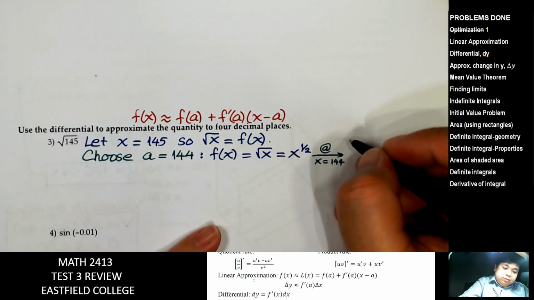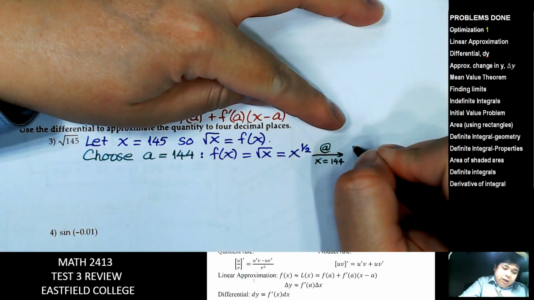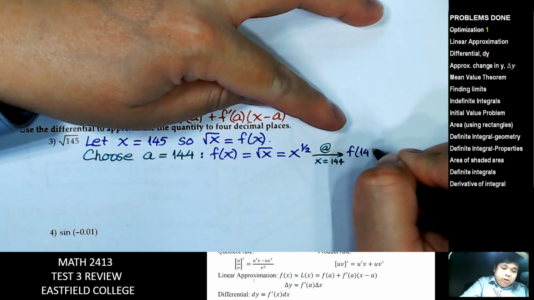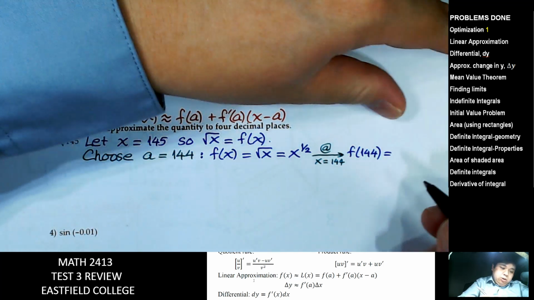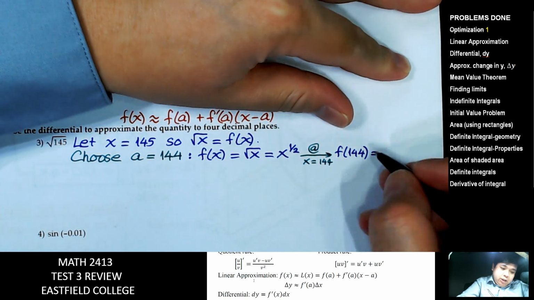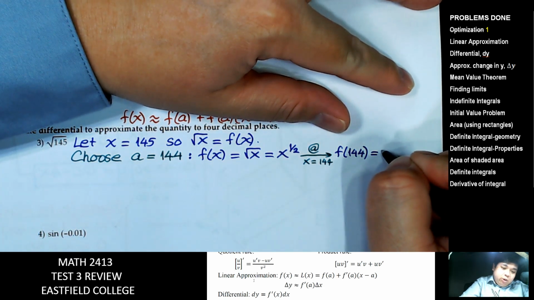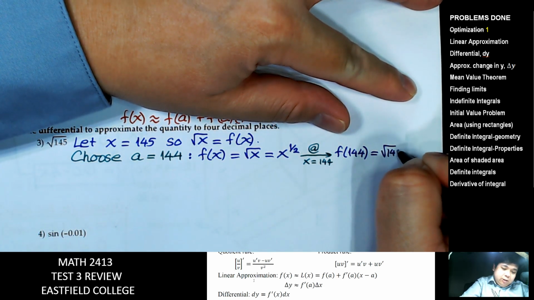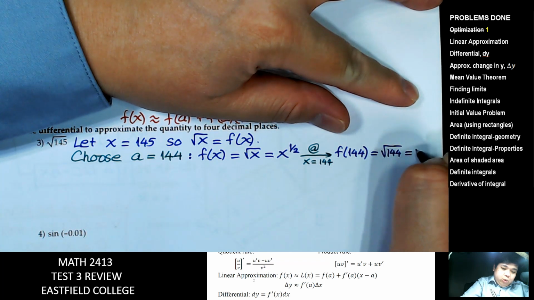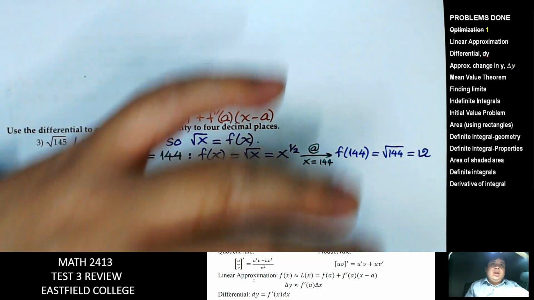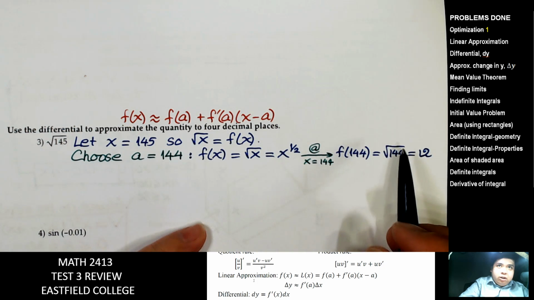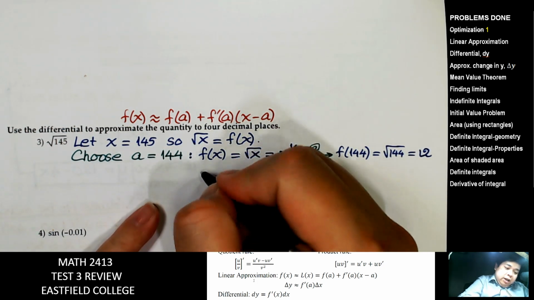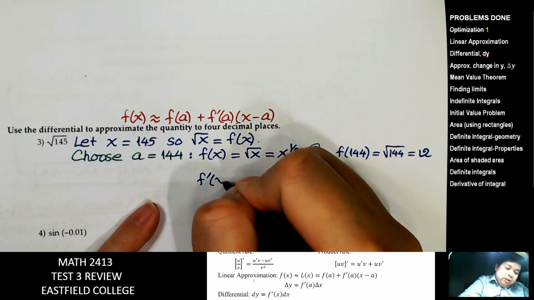We have f of 144 equal to the square root of 144, which is equal to 12. So we have the value of the function at that point, and then we take the derivative.